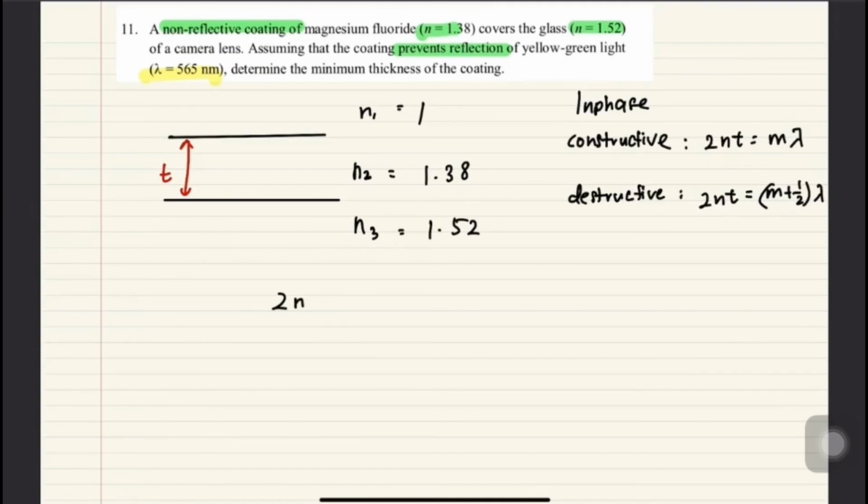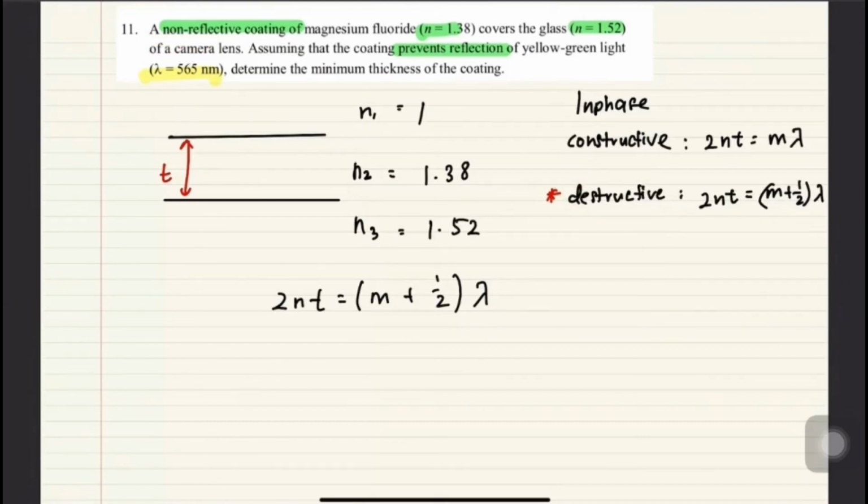So 2nt equals to m plus half lambda. You want to use this formula. Another giveaway is that even if they did not mention it, the main application of this one is a non-reflective coating, so you can assume that it is destructive. But read the rest of the question.